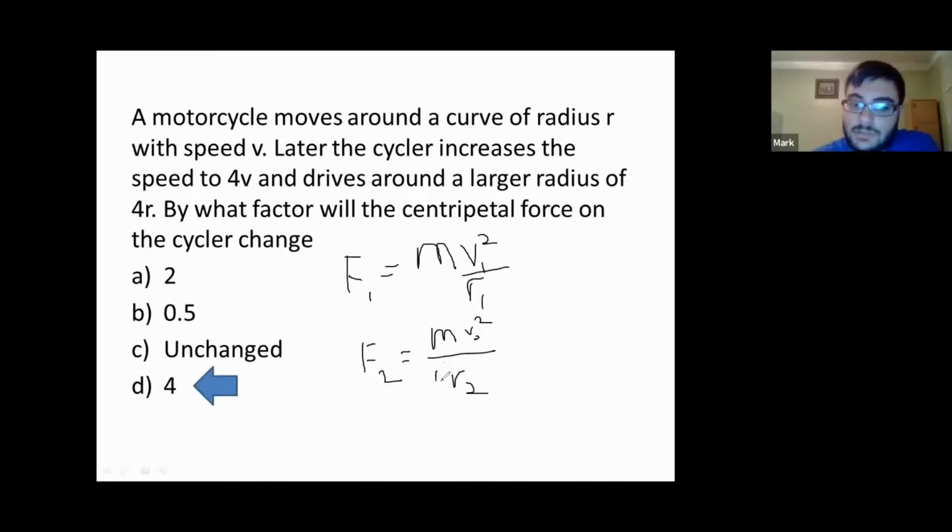So we can substitute it like this, 4 times R1, and 4 times V1, right? Now, let's simplify it. Now, this cancels, this cancels.